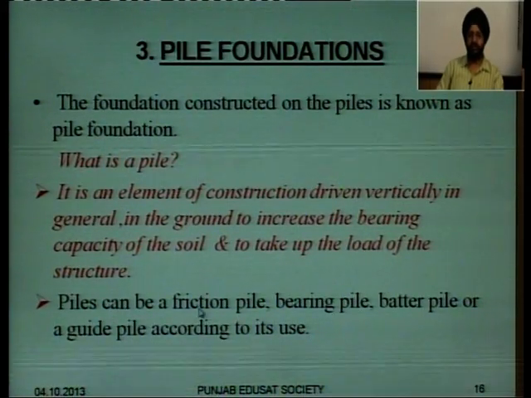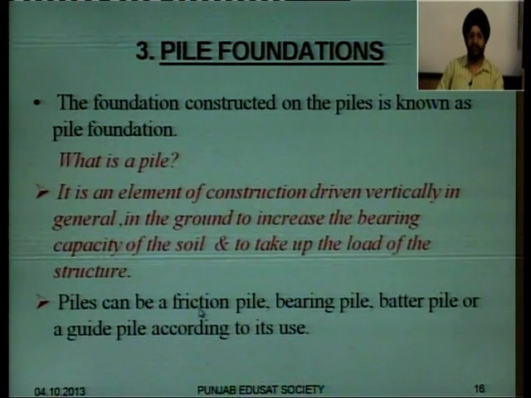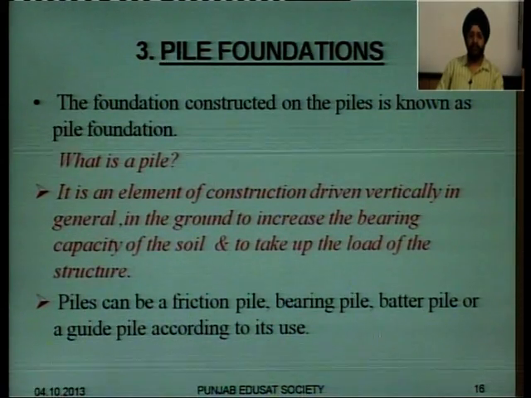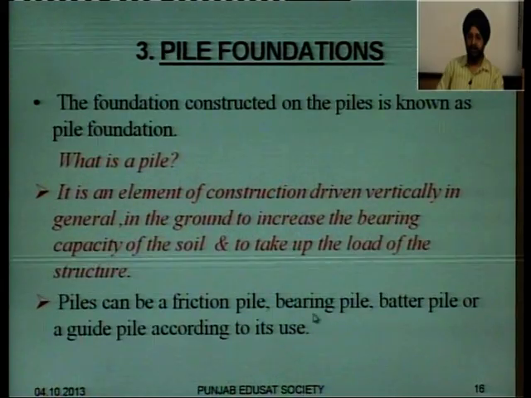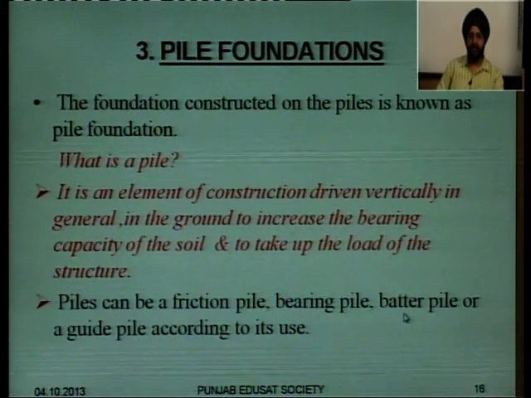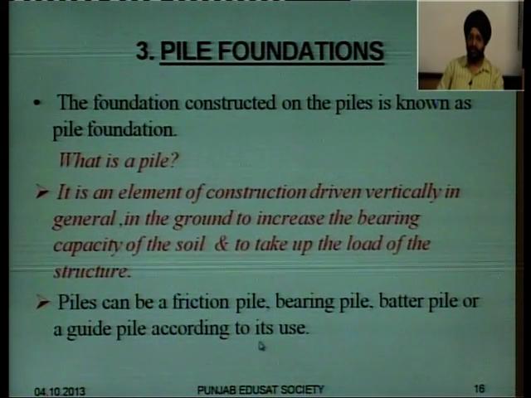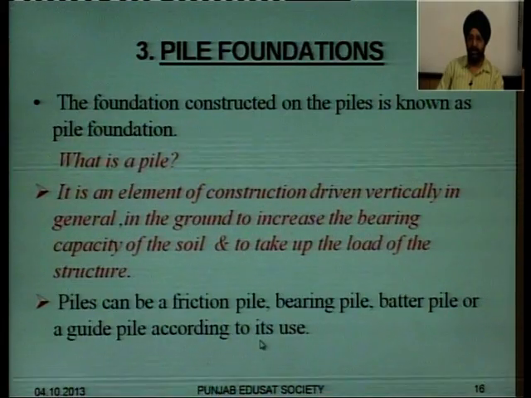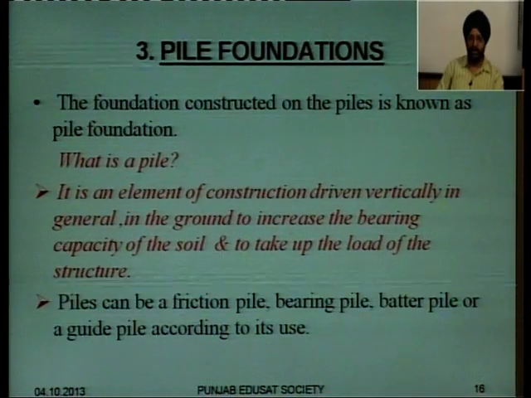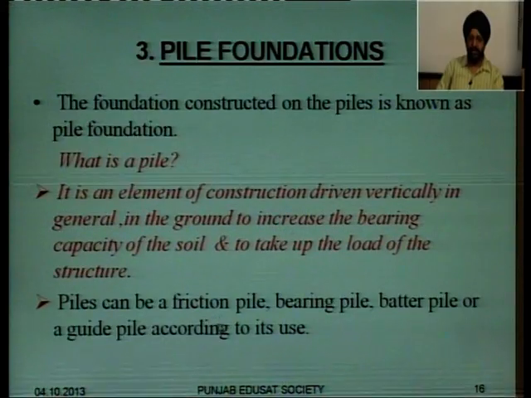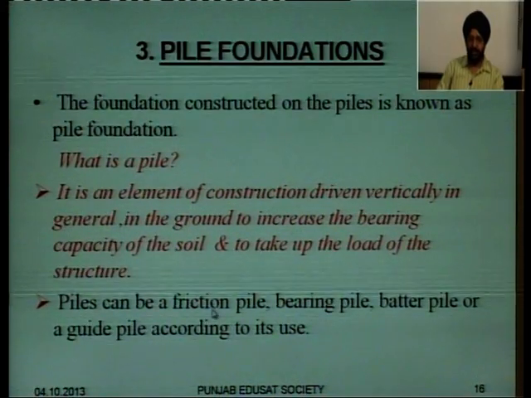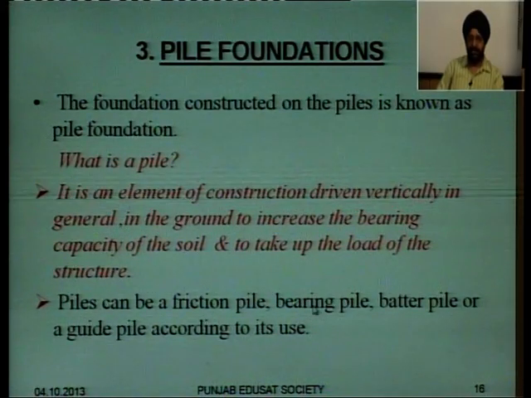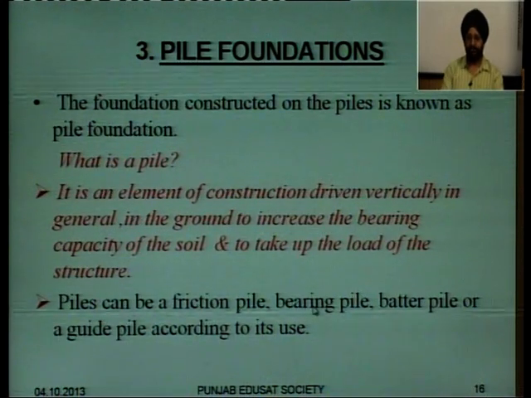These are the types of piles: the friction piles, the bearing piles, the batter pile or a guide pile, according to how we are using that pile. Of these, I would like to concentrate on the two which are very common, the friction piles and the bearing piles.